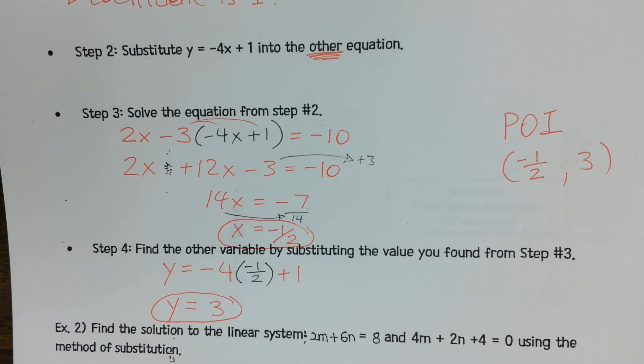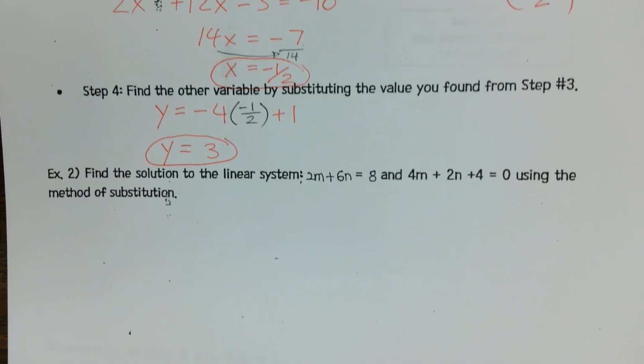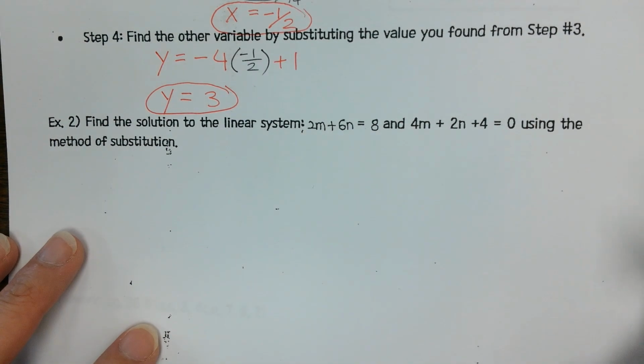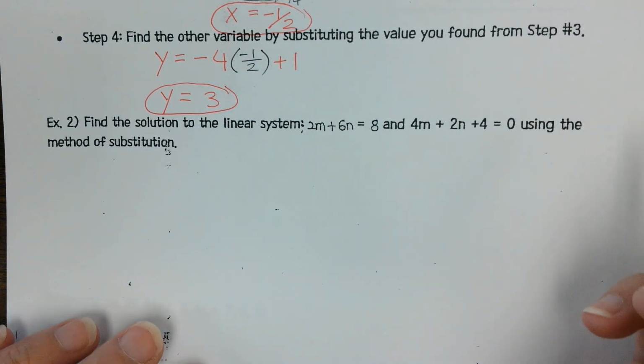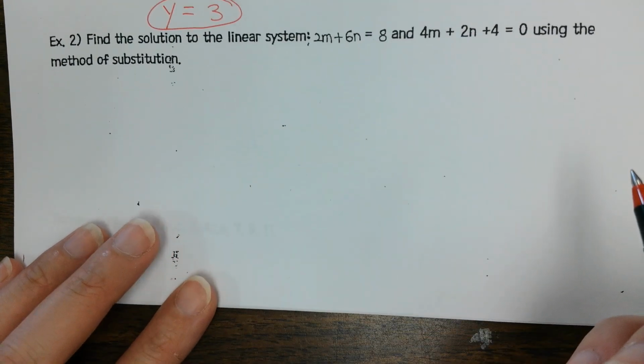Okay. Example 2. Find the solution to the linear system 2m plus 6n equals 8 and 4m plus 2n plus 4 equals 0 using the method of substitution. Okay, so what's my first step?